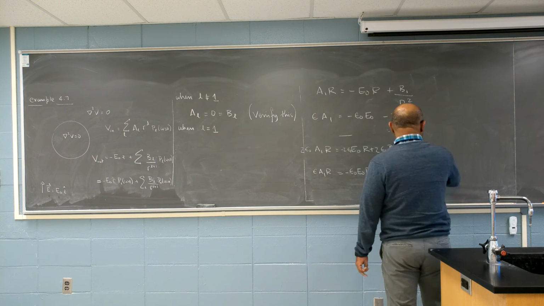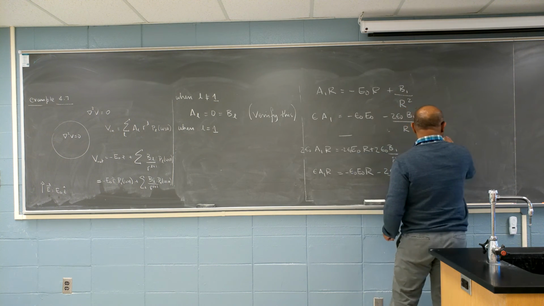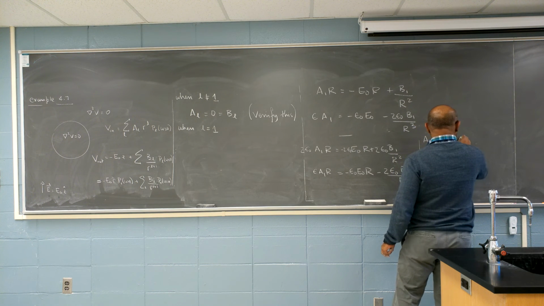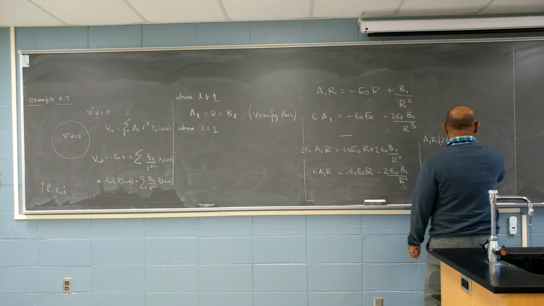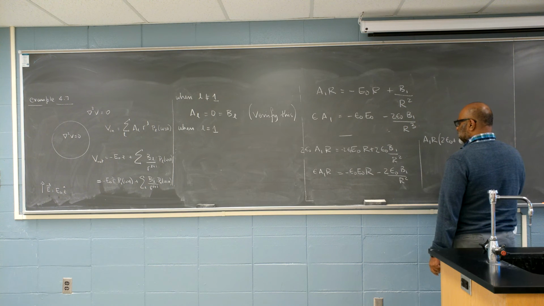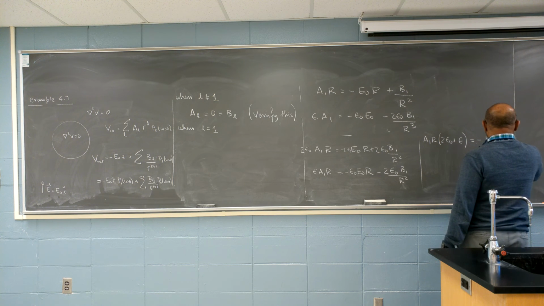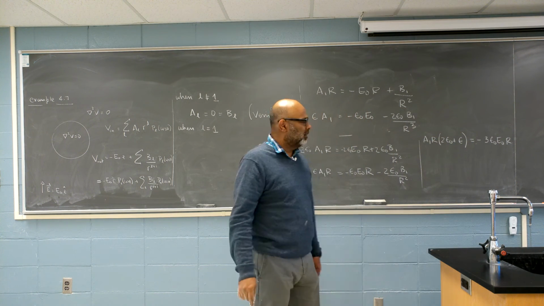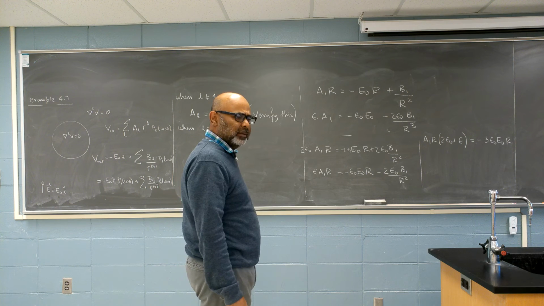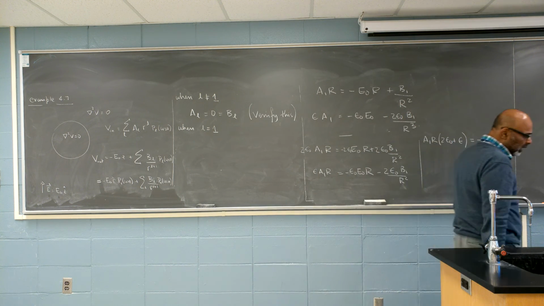Then I would get A1 R, 2 epsilon naught plus epsilon is equal to minus 3 epsilon naught E0 R. I'm not entirely happy with that answer. I could be.